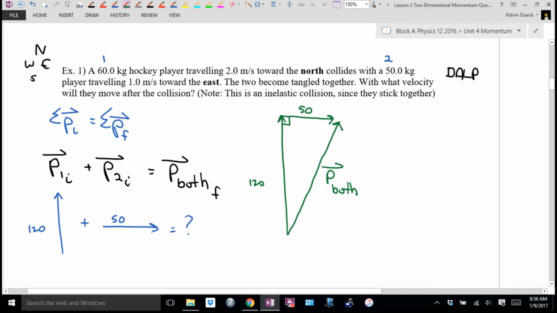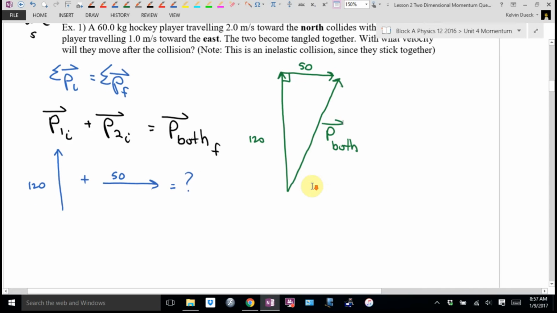Is this a right angle triangle? Yay. Will it always be a right angle triangle? No. Will it usually not be a right angle triangle? Usually not. But for now, we can Pythagoras and SOHCAHTOA this. If I want to find the momentum of both, I'm going to go momentum both squared equals 120 squared plus 50 squared.